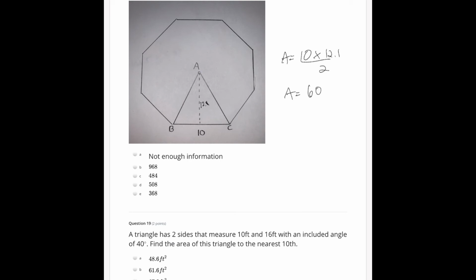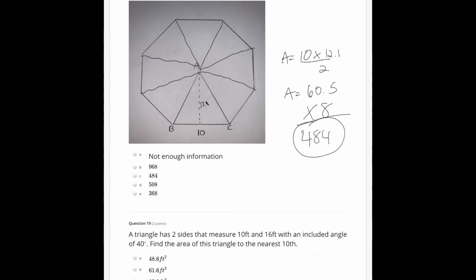Area is 60.5 of one triangle. So there are 8 triangles. Okay, so we're going to multiply this times 8, and that'll be my total area for that octagon, which is 484.